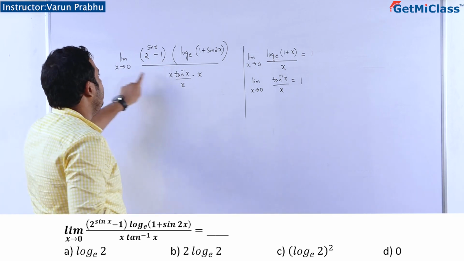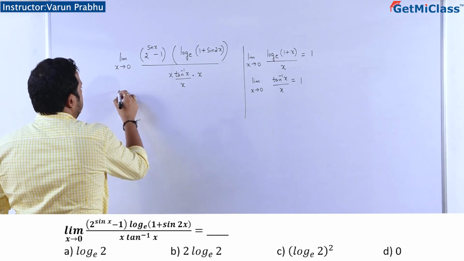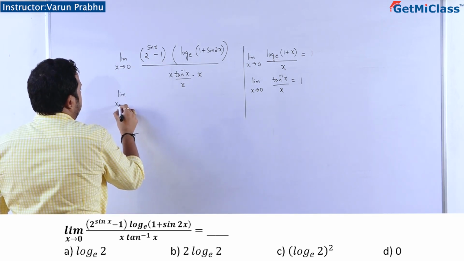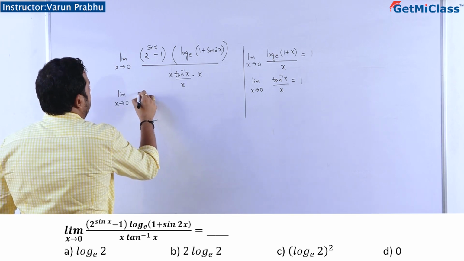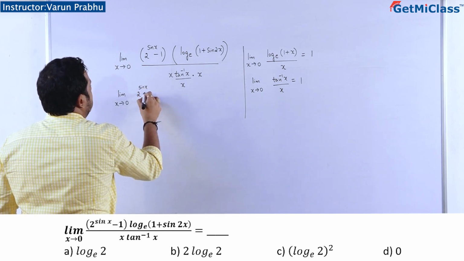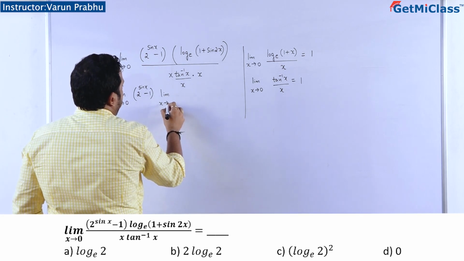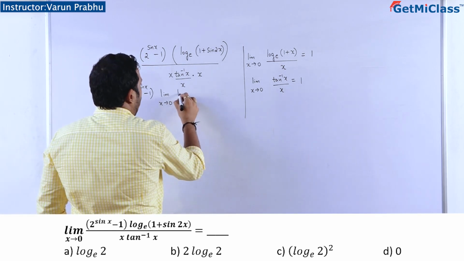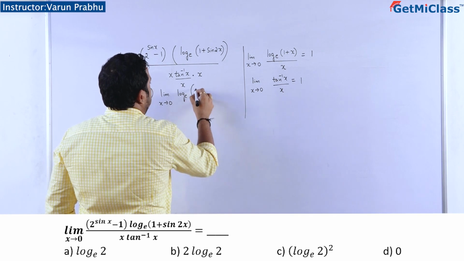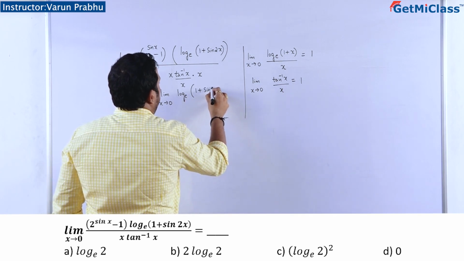So definitely when x tends to 0, I can solve it in discrete parts now. Limit x tends to 0, I'll write like this, 2 to the power sin x minus 1, is it okay? Into limit x tends to 0 of log to the base e of 1 plus sin 2x.